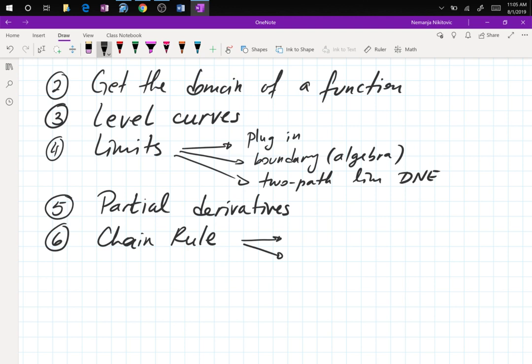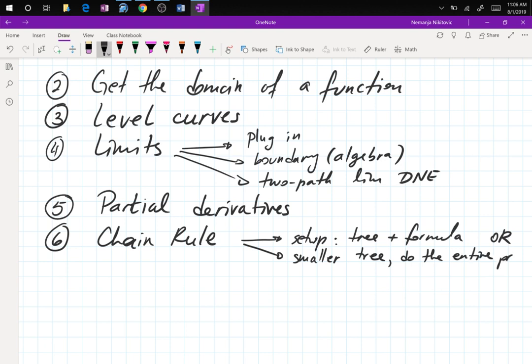So it's either going to be just setup, which is tree plus formula, or a smaller tree, do the entire problem. I hope it makes sense.